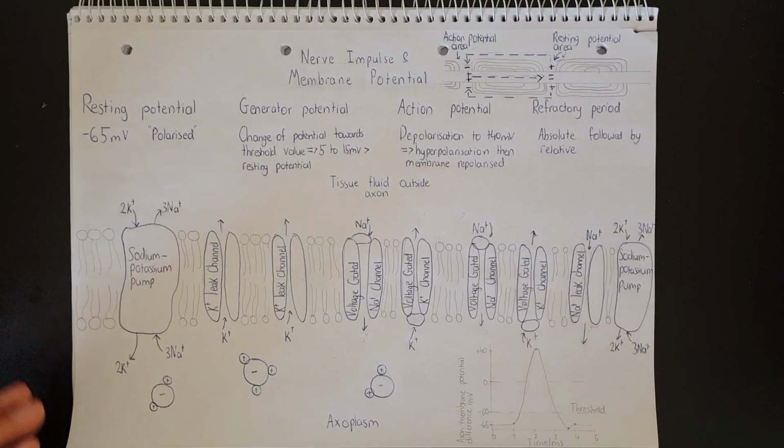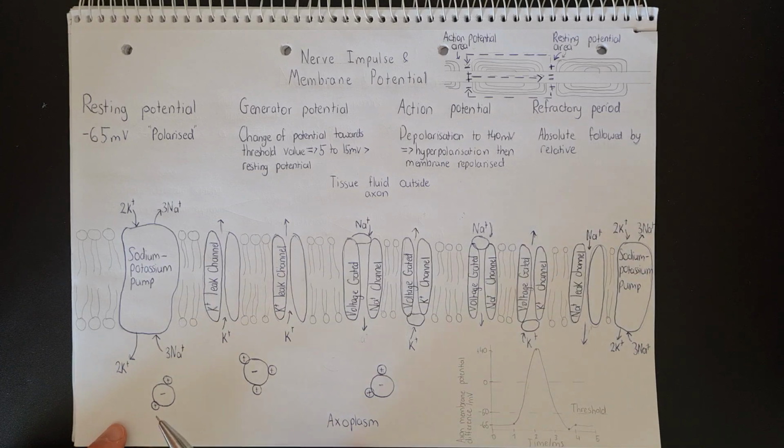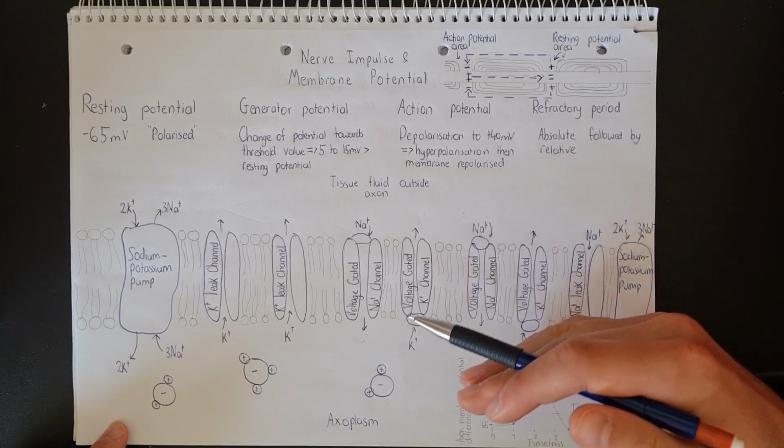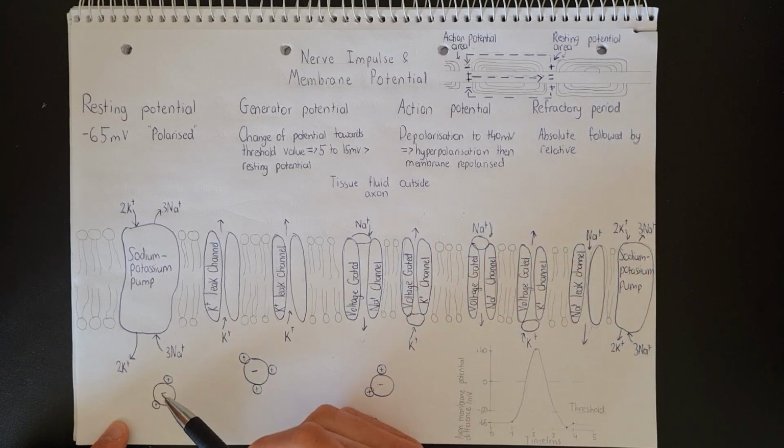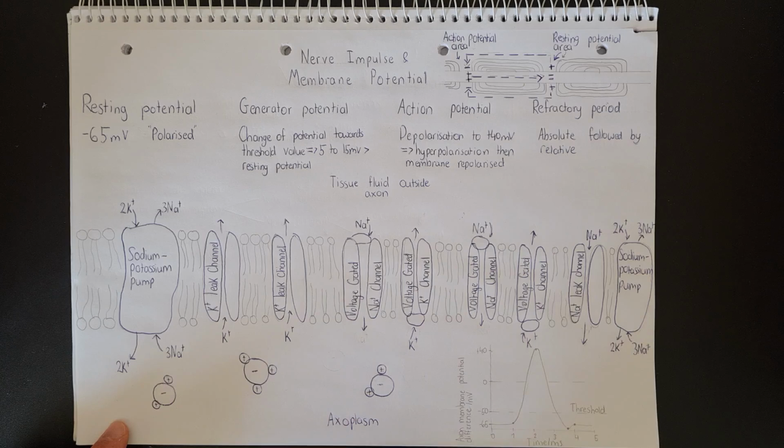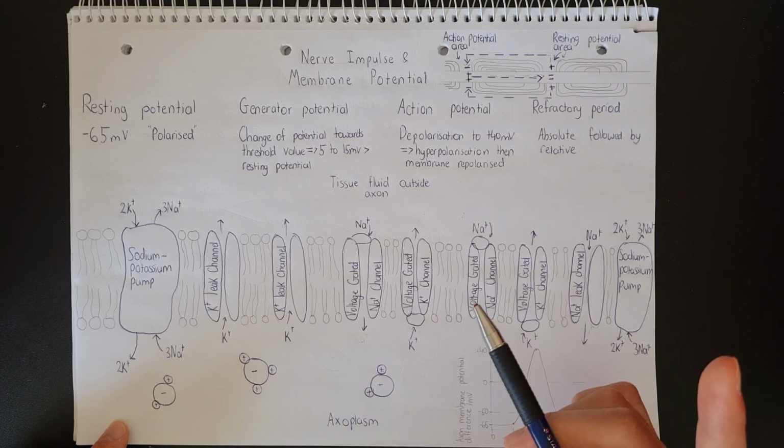So these are all contributing to a buildup of an overall positive charge outside the axon compared to inside the axon. Now, in the axoplasm, what is also present are proteins that are negatively charged, and they're called anions. Now, these proteins are too large to diffuse through the plasma membrane. So that's very important to understand, as we will get into it a little bit later on.